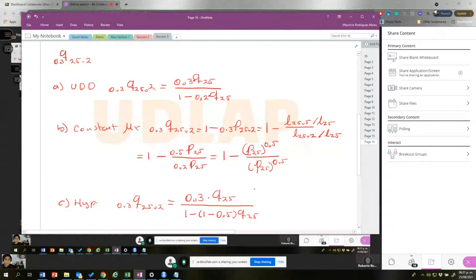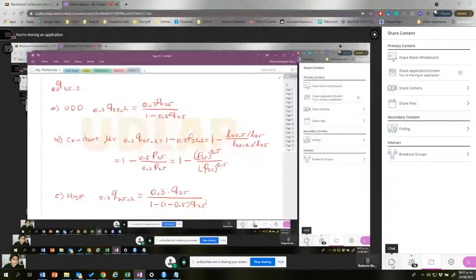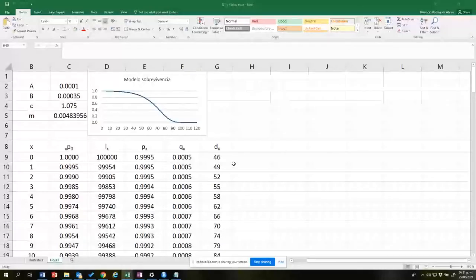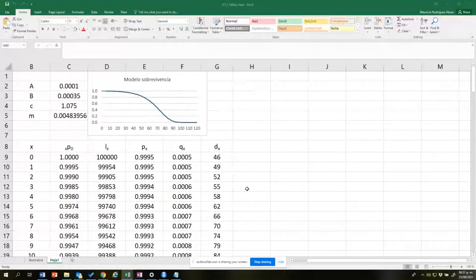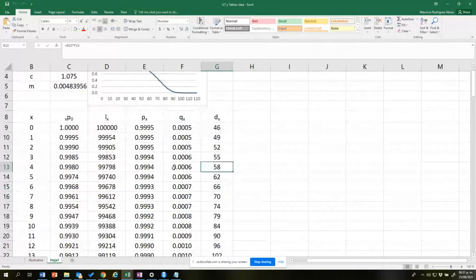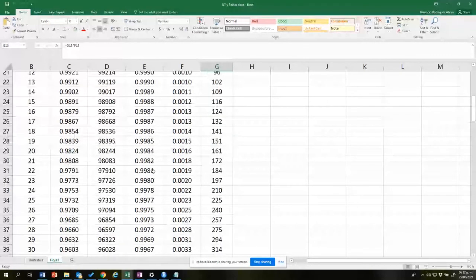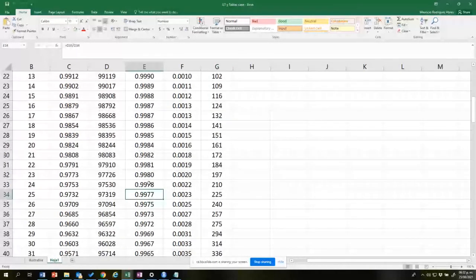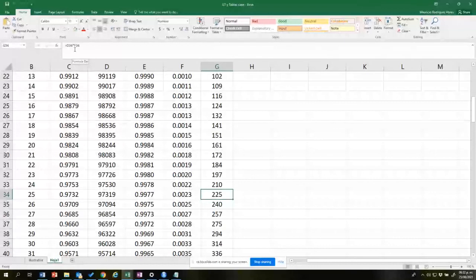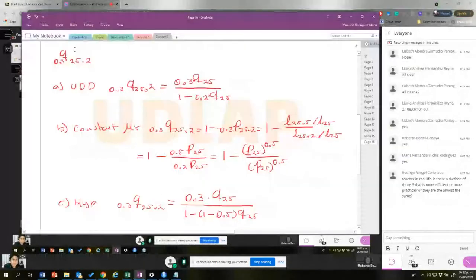Okay, so now we need to find these values in our live table. Okay, so the live table is right here, and 25 is right here.